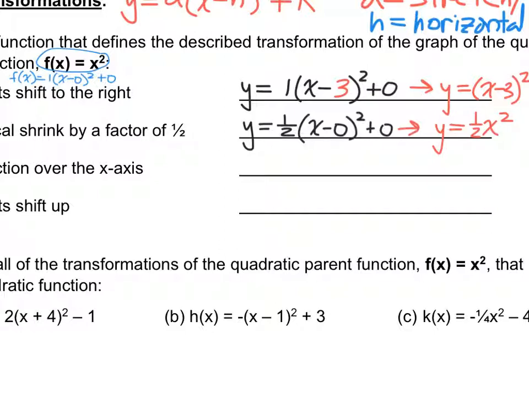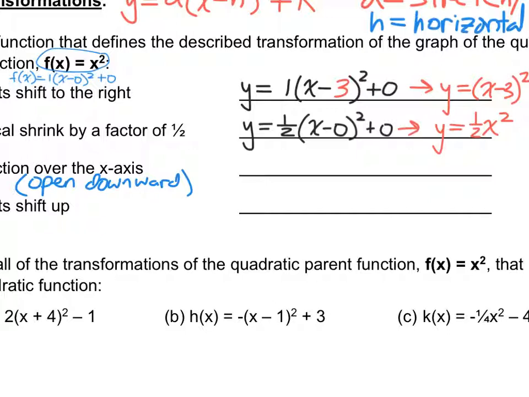All right. Reflection over the x-axis. Okay, so a reflection over the x-axis, that's kind of a weird thing to think about. But if you consider it just in ordinary terms, we want it to open downward, because the original parabola is opening upward.